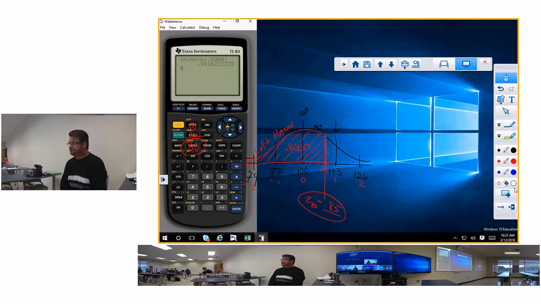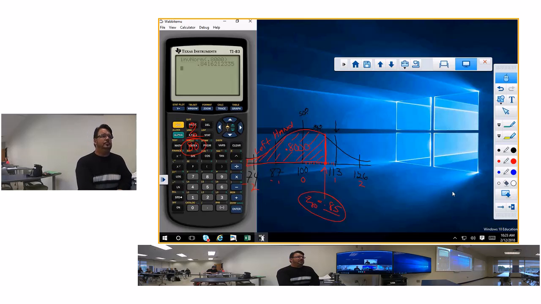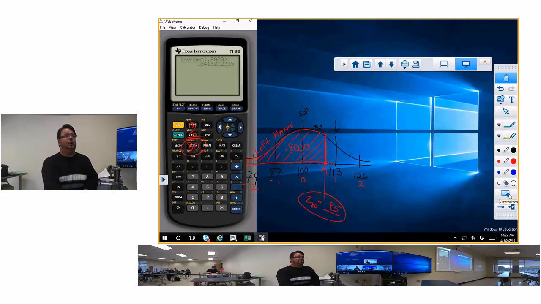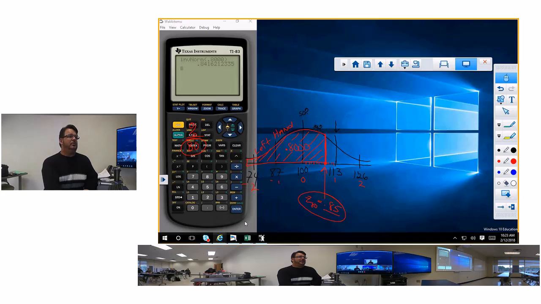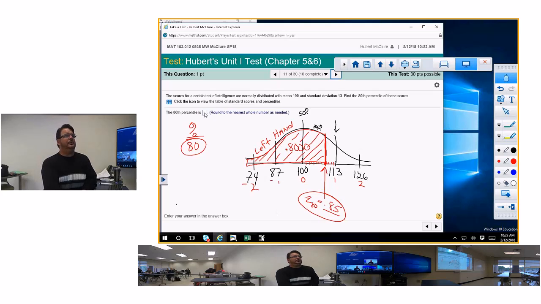Now, I don't know what they're going to take on the test. We'll have to see when we grade it. It says round to the nearest whole number. See? So it would be 0.85, which would be 85%.